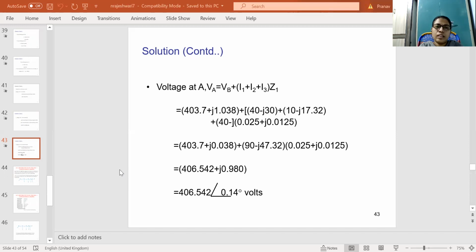Same as the AC distribution systems, the DC distributors are also the same: single end fed, double end fed, fed at one end, fed at both ends, and also midpoint of the distributor, and ring distributors. These are all the same in DC also.